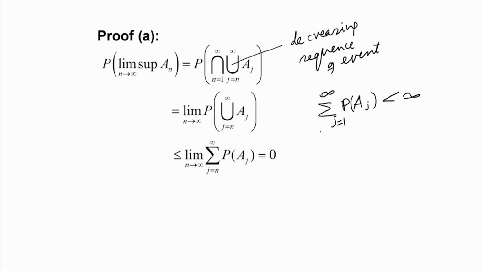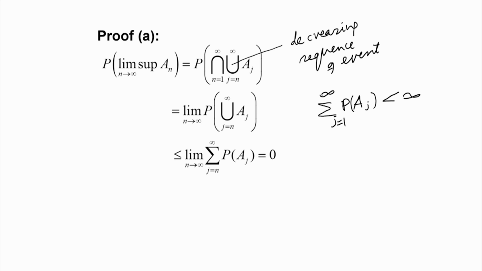Therefore, if it is a converging series, then any tail sum we consider will go to 0. Therefore, this sum of the probabilities of A_j, j going from n to infinity, is equal to 0.